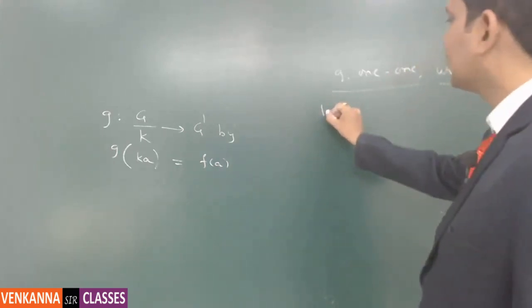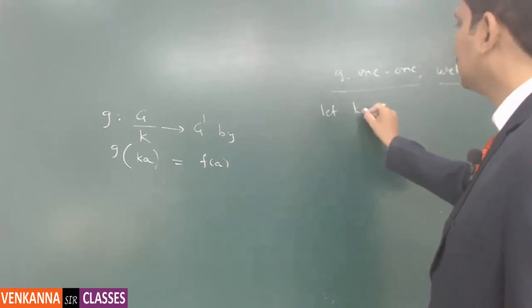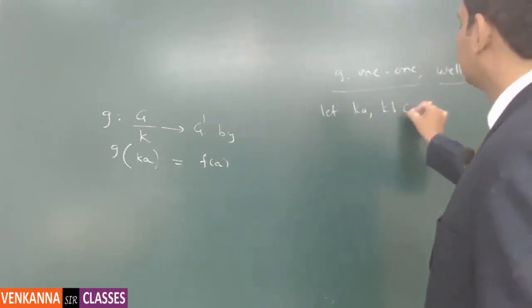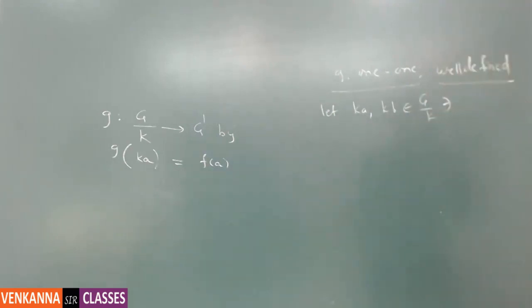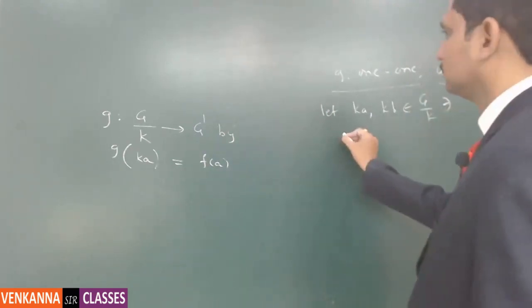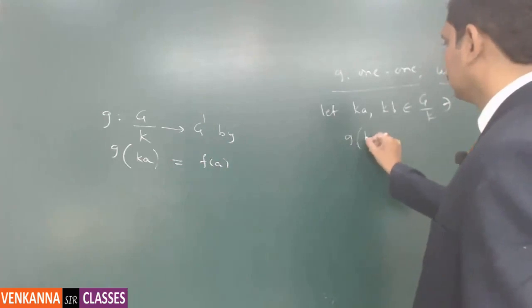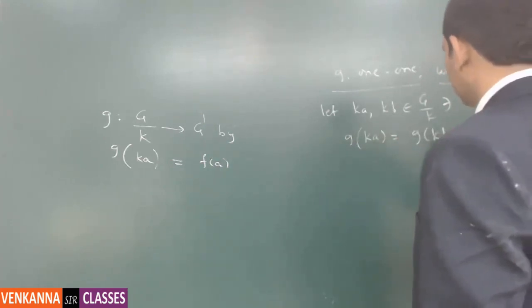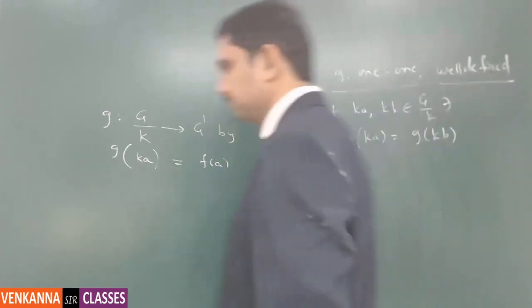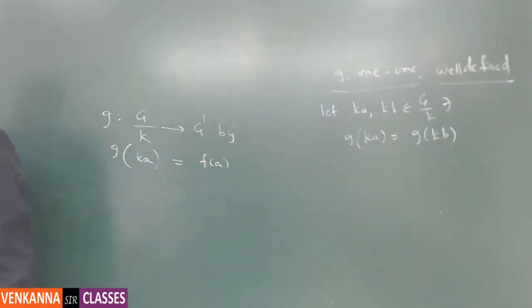So let us take two cosets. I have taken that the two images are equal. So I have to prove that the corresponding elements are equal, to show that it is a one-one function.